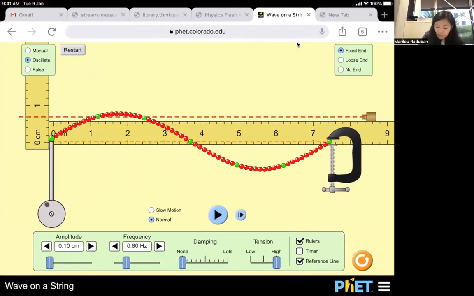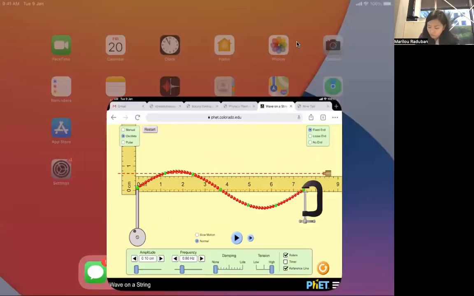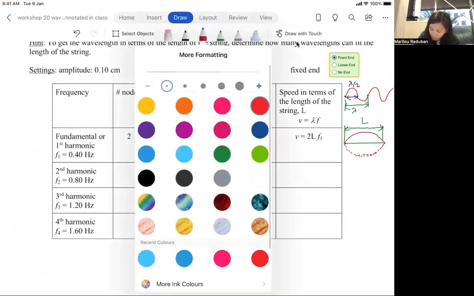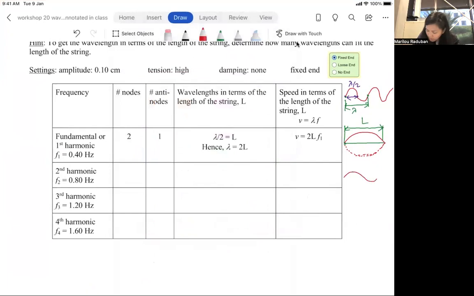And you can see that the whole length of the string contains one whole wavelength, right? Because after the rightmost part of the string, the pattern will repeat itself. So within the length of the string, there is one wavelength of the wave. If I draw that here, the pattern you observe is like so.